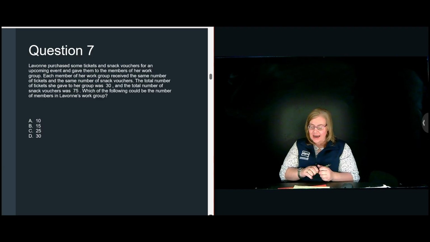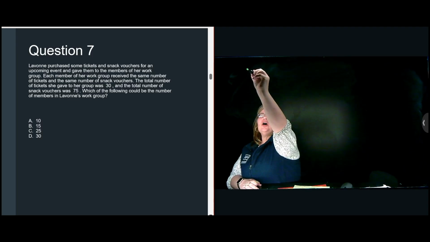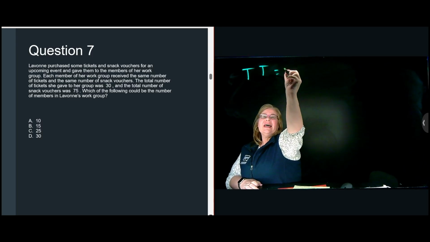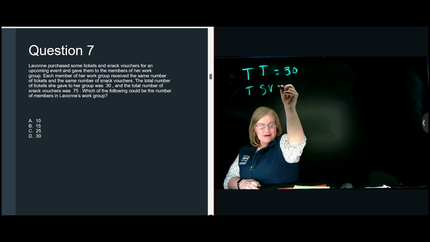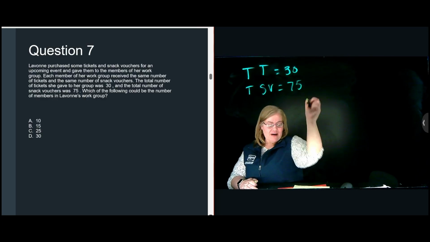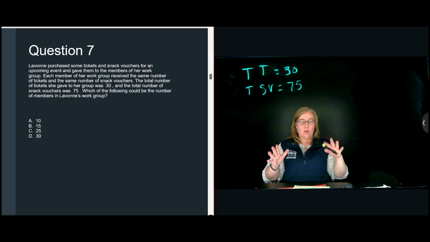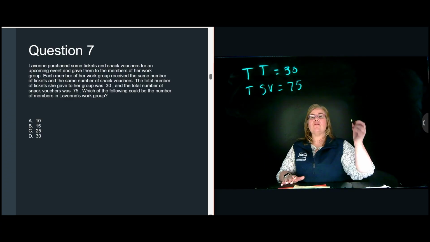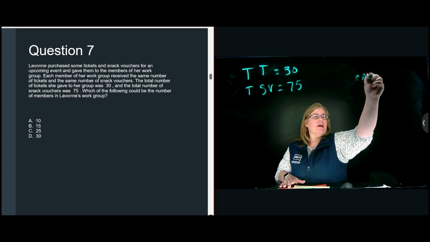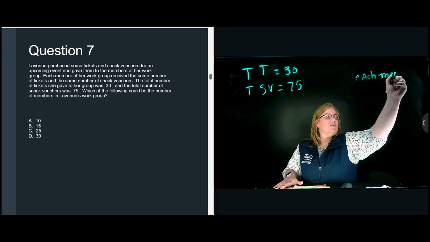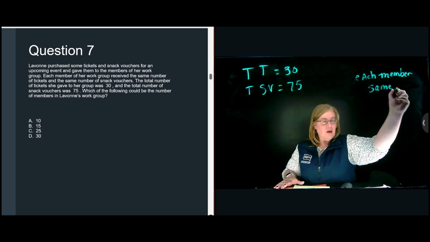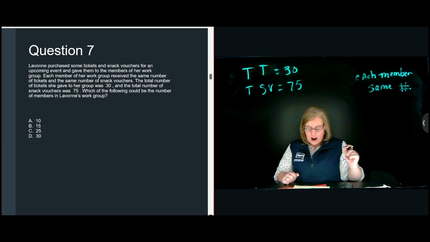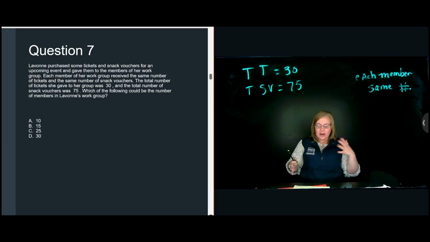All right, so let's go ahead and look. I know that my total tickets equals 30, and I know that my total snack vouchers equals 75. So that's some important information that we need to know. And we also know that each member has the same number. All right, so we need to think, how are we going to do this?